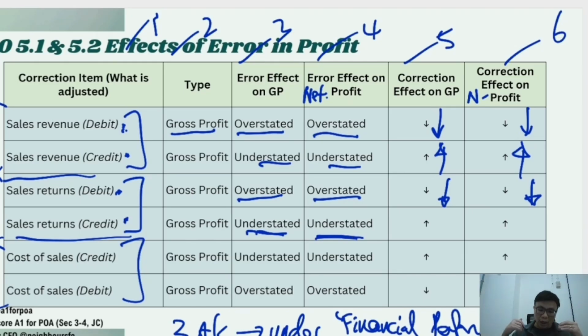So when we do a credit of the sales return, this is where you will realize that as a whole, your GP and your NP, after the correction, will go up respectively.